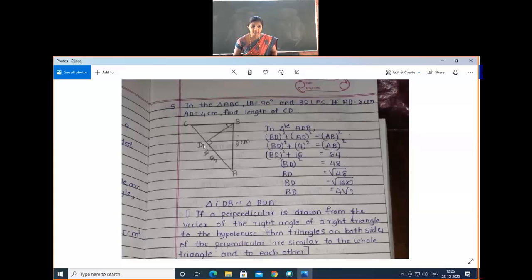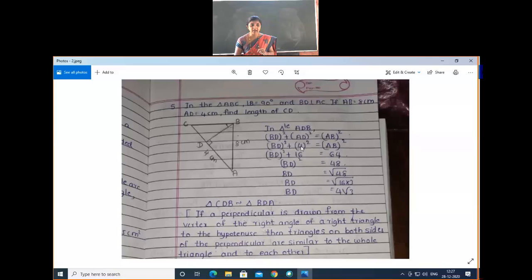So you are observing that this is 90 degrees, so can I get a right angle triangle in the triangle ADB? If we apply Pythagoras theorem, it is possible to find the side DB. In triangle ADB, the square on the hypotenuse is equal to the sum of the squares of the other two sides. Then BD square plus AD square is equal to AB square.